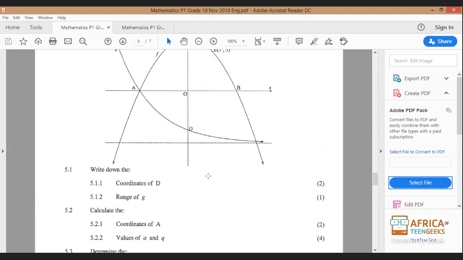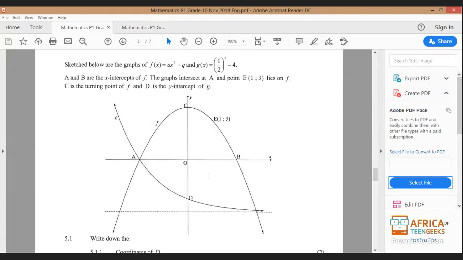Right. So basically, guys, here, remember here we were given what? A parabola graph, and it's given by f of x. And also we're given an exponential graph, right? So we're also given an exponential graph. A hyperbola graph, guys, you'll see it by inspection, it will be drawn in quadrant 1 and quadrant 3, or quadrant 2 and quadrant 4, right?